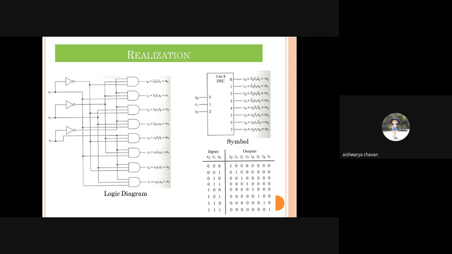When inputs are 0 0 1, then Z1 is selected. Like this, for 0 1 0, Z2 is selected. For 1 0 1, Z5 will be selected. When 1 1 1 is there, Z7 will be selected. So this is the operation of the 3 is to 8 decoder.